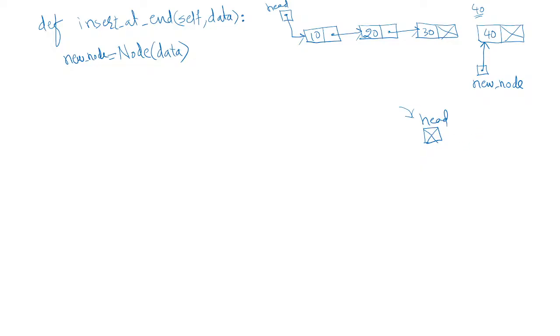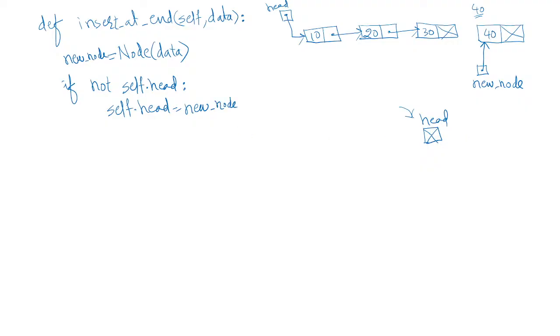So how do we know this? Now here we should use that function. So if condition: if not self dot head. So self dot head is none here. That means if head is not pointing to anything, then we'll say please point to new node. We'll simply say that self dot head is equal to new node.